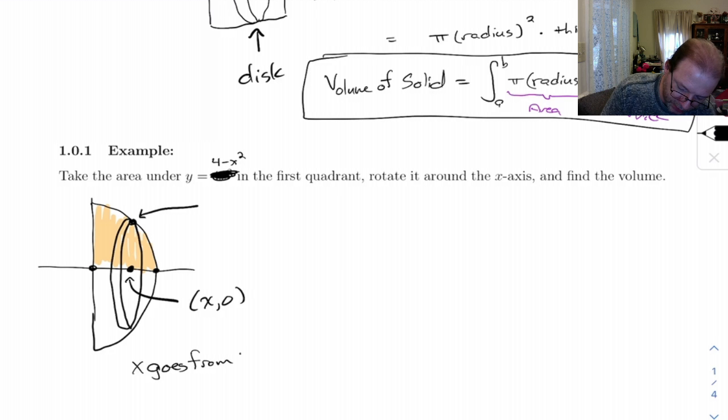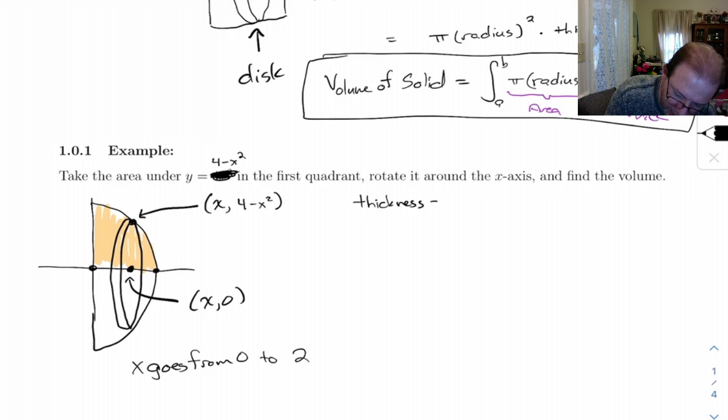So it goes from 0 to 2. All right, the point up top, its x-coordinate is x. Its y-coordinate is 4 minus x squared. And so on this thing, I probably should have written this first. The thickness is dx.